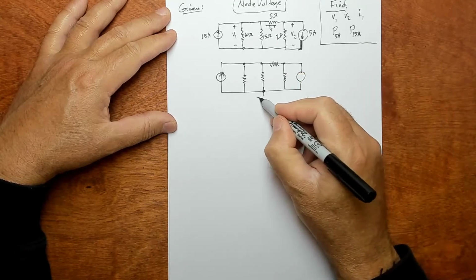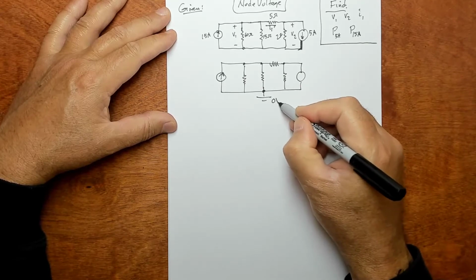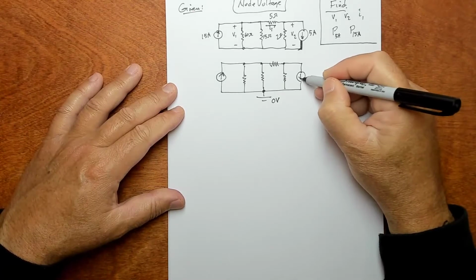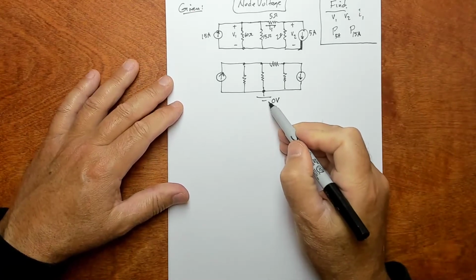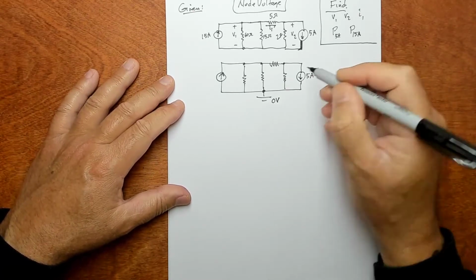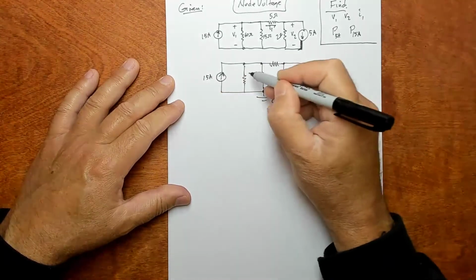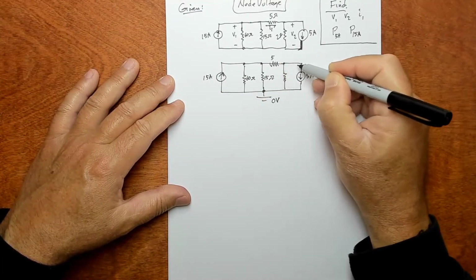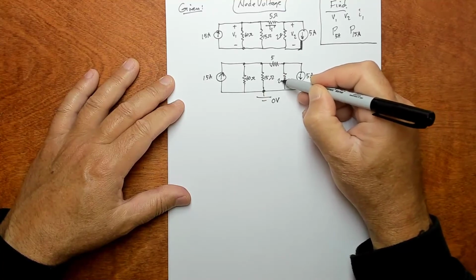All right, so here's the bottom node, which is always going to be 0 volts for our problems. We're not going to mess around with making it more complicated than that. So 0 is always on the bottom. This 5 amp source here, this 15 amp source here, 60, 15, 5, 2.